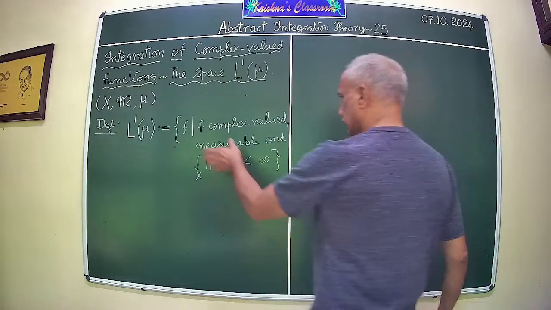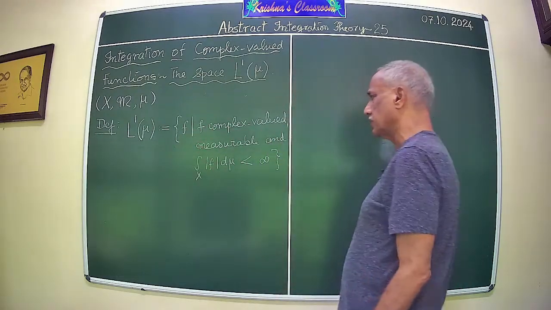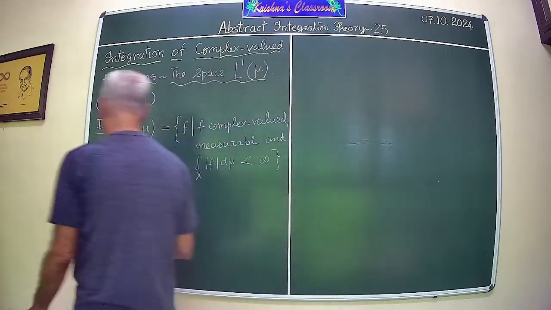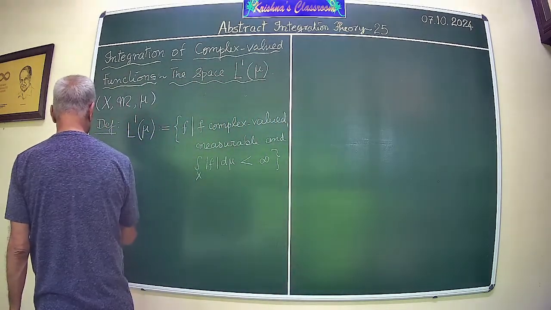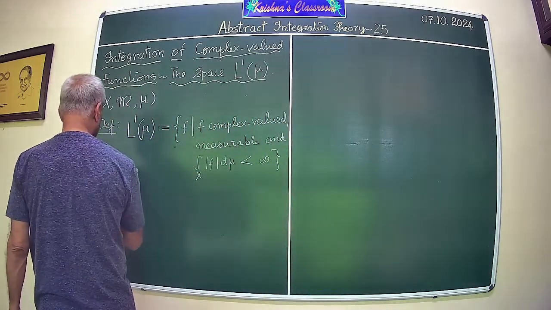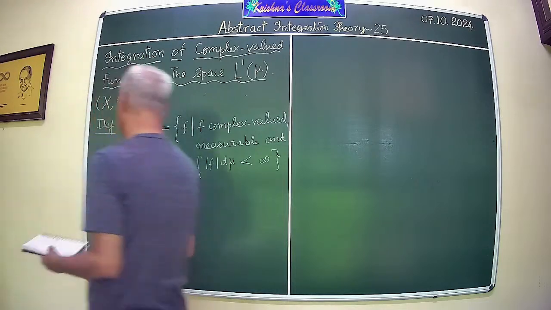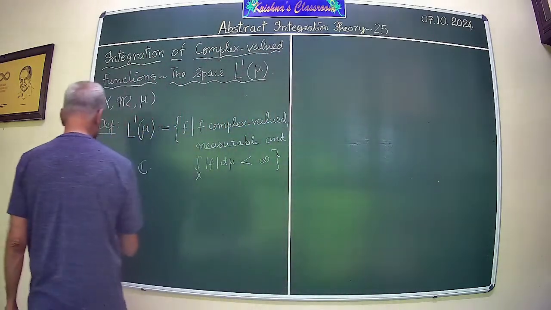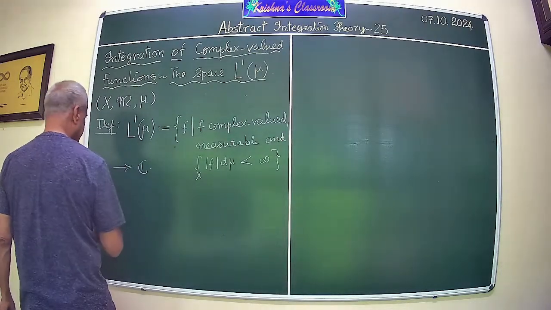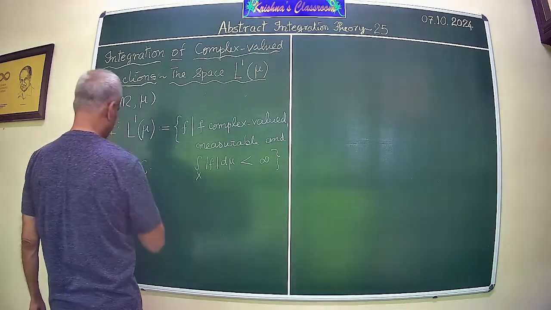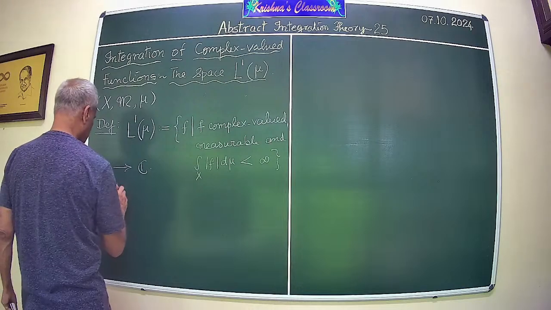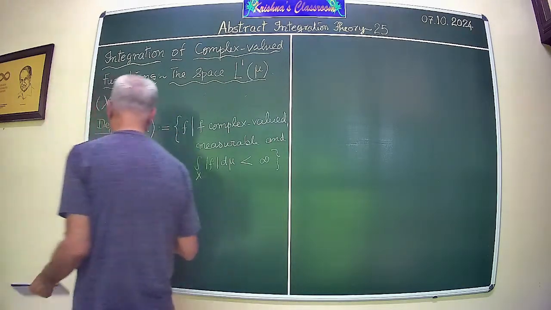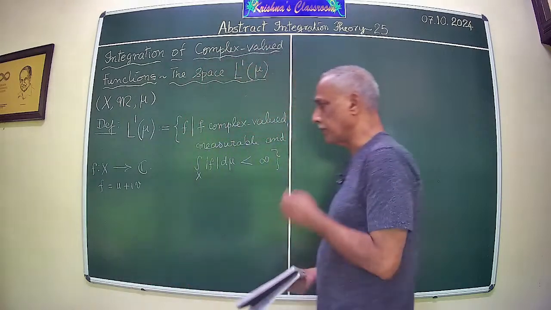So we look at this class of complex valued measurable functions defined on X. You see that f is defined from X to C, so f has two parts, namely its real part u and its imaginary part v.